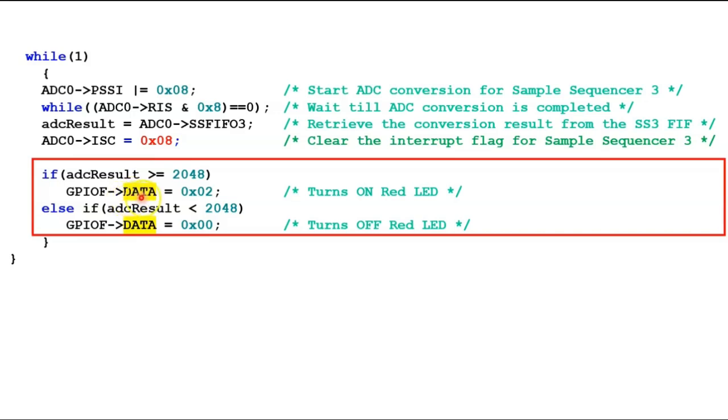The member here is data in the GPIO_TYPE structure as seen earlier. This assigns this value to the data register of GPIOF. And same here, they will assign this hex value to the GPIOF data register. That will turn the LED off. This one here will turn the LED on.